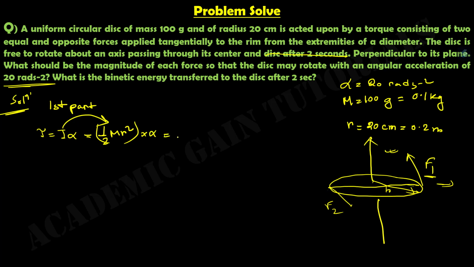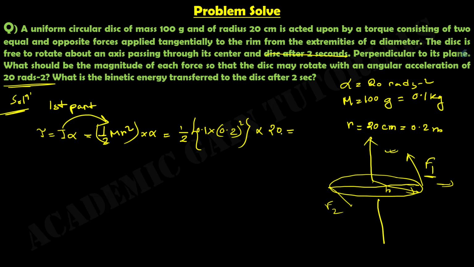So if I put all the values, I will get half of our m, which is 0.1, r is 0.2 meter, 0.2 whole square, into our alpha, which is 20 radian per second square.